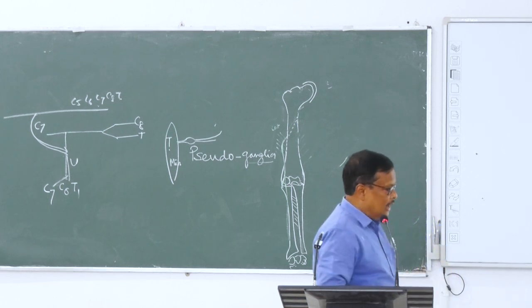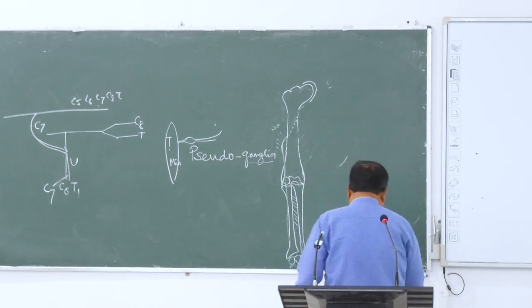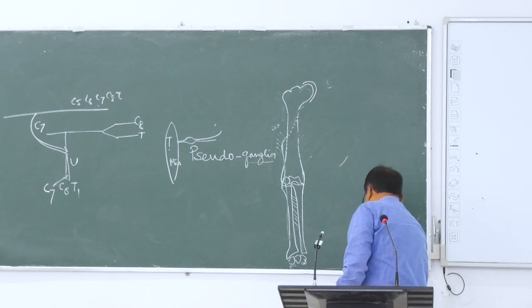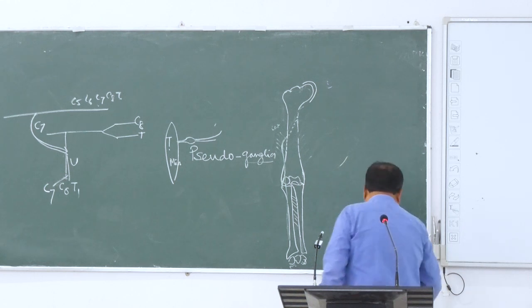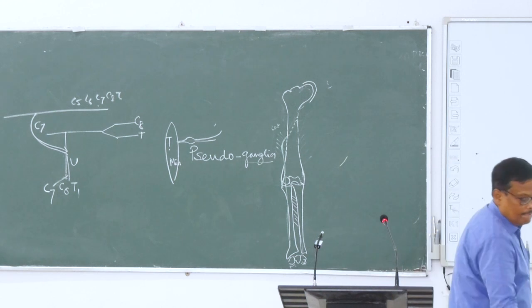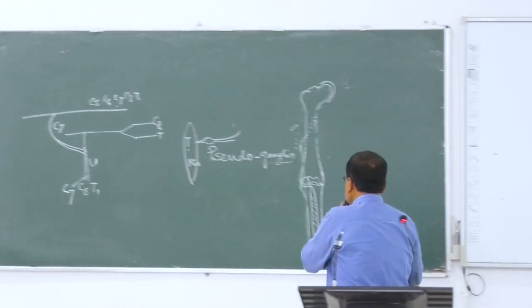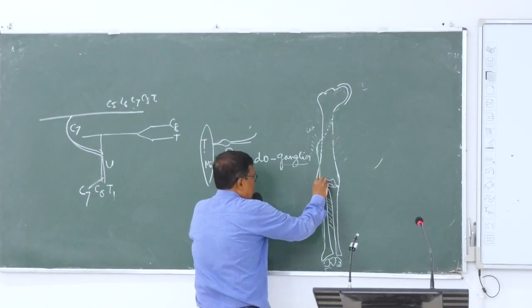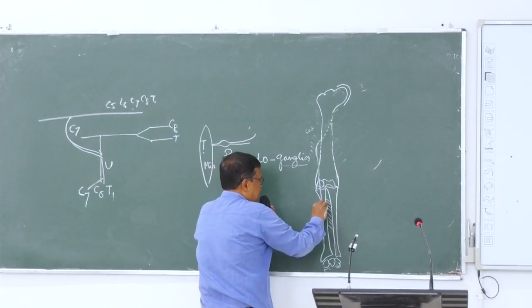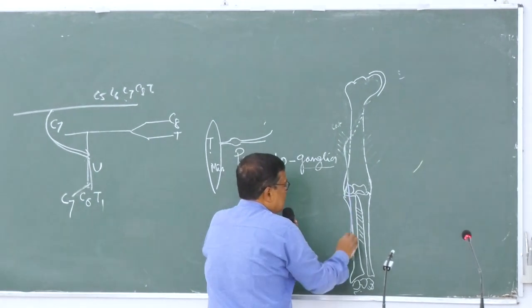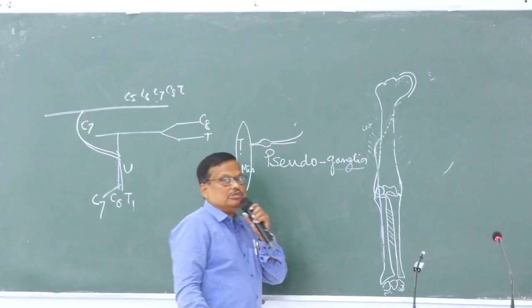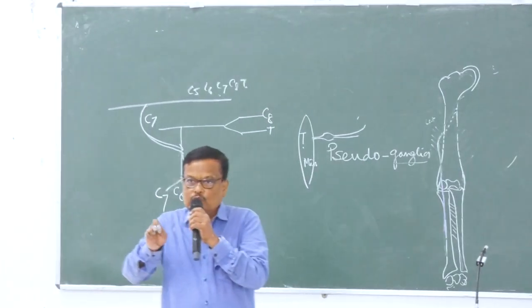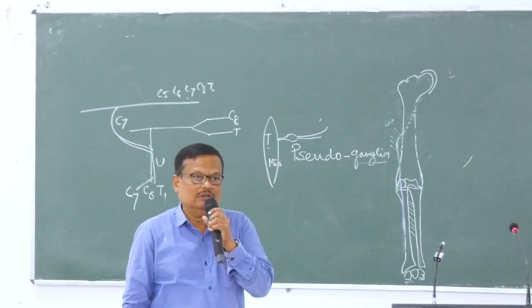This superficial nerve, though it is superficial, is actually covered by the brachioradialis muscle.